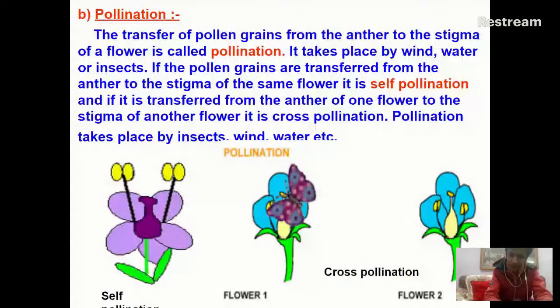Let's wait a minute. What is pollination?